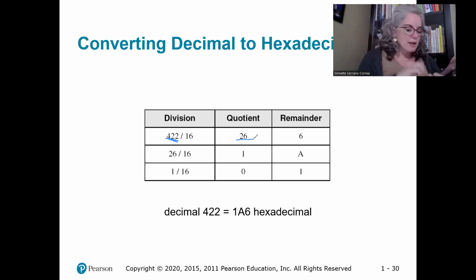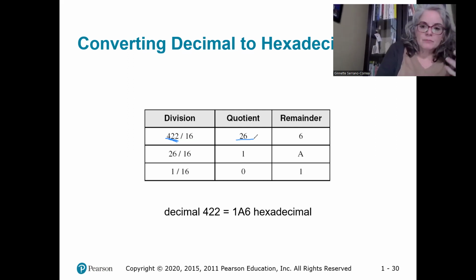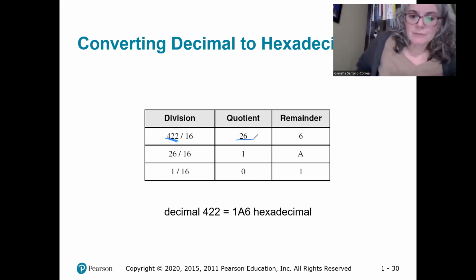So what you do on your calculator, right now, if you do this with me, is 422 divided by 16. It gives me 26.375. So what you want to do is take that 26, forget about the decimal numbers.